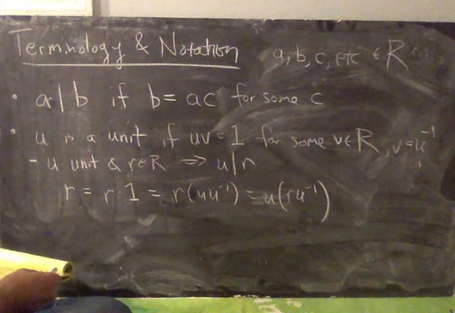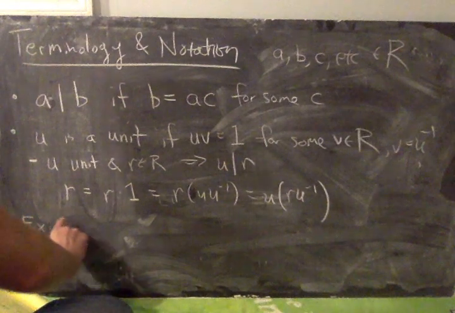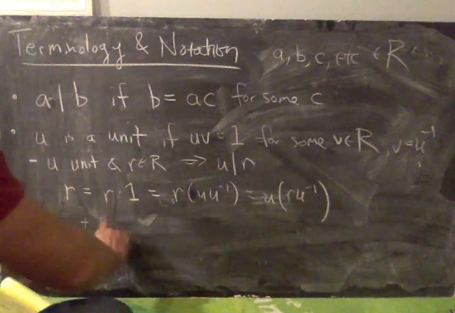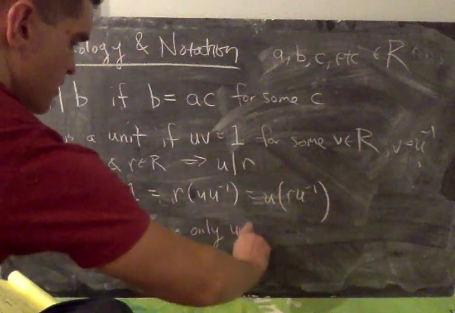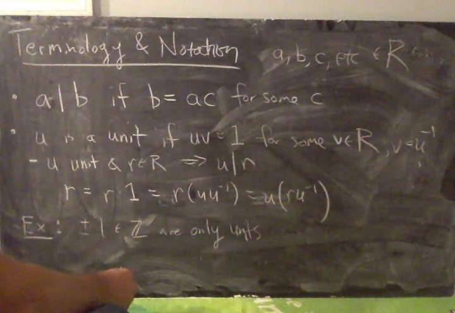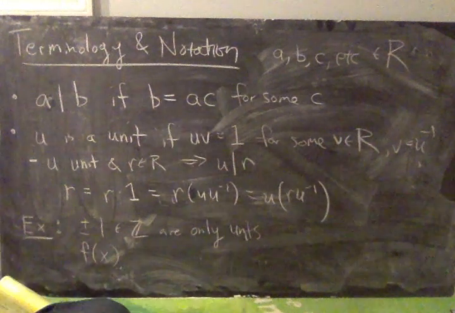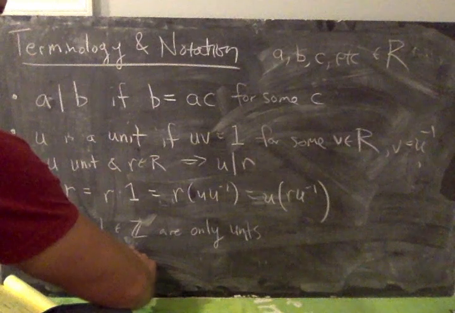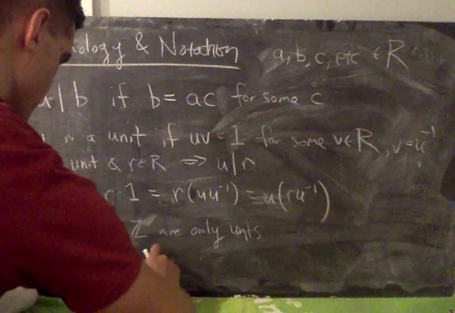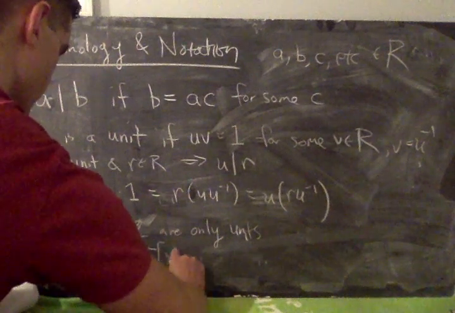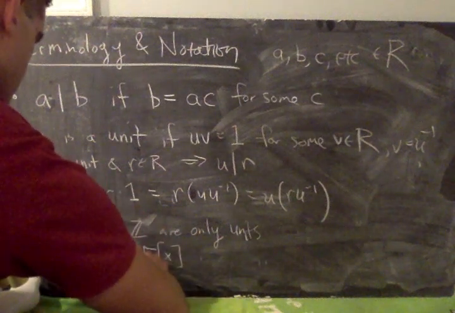As we've seen before, plus or minus 1 in Z are the only units. Also, in the ring of polynomials over a field, the only units are the constant polynomials.